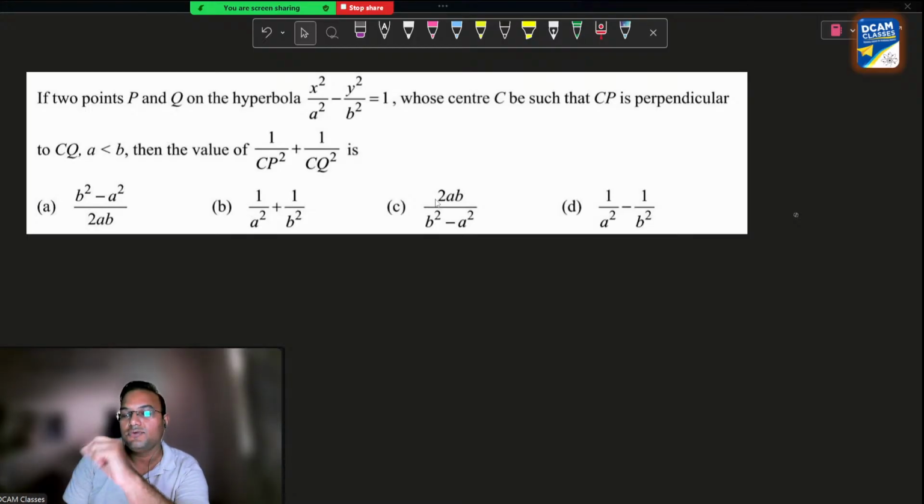So you have to take the parametric points on the hyperbola and the line joining them are actually perpendicular. I'm visualizing, I think there should not be any problem, but you solve using b greater than a only. Okay.